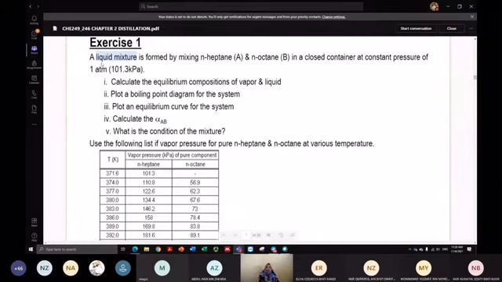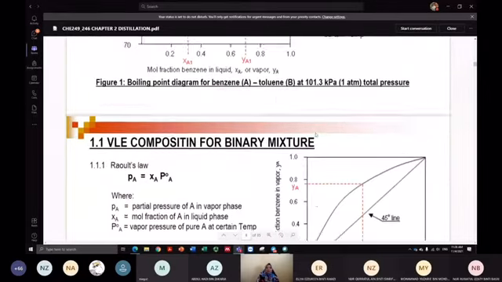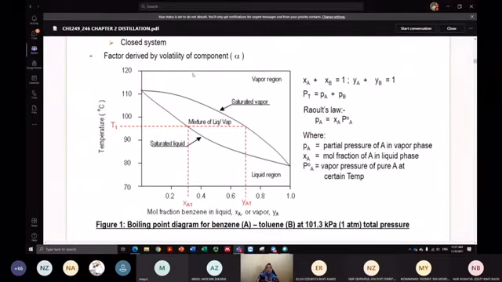The feed is in liquid form, so if you refer back to this boiling point diagram, the composition should be in the liquid region.